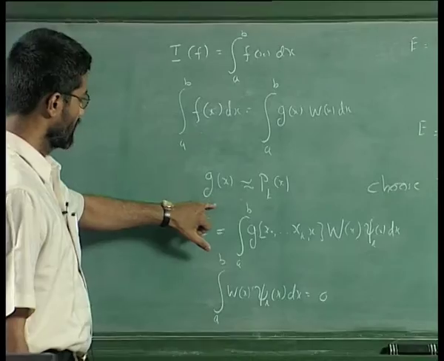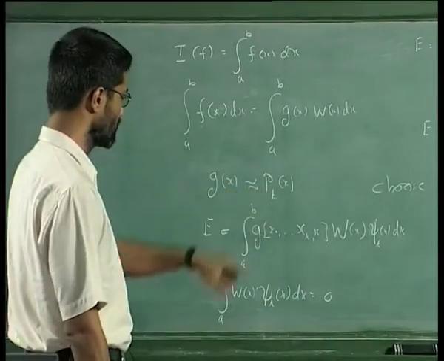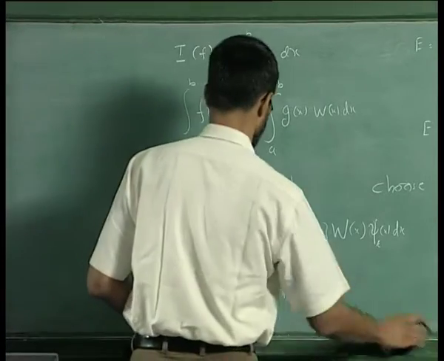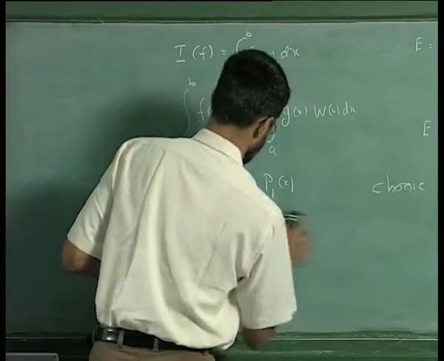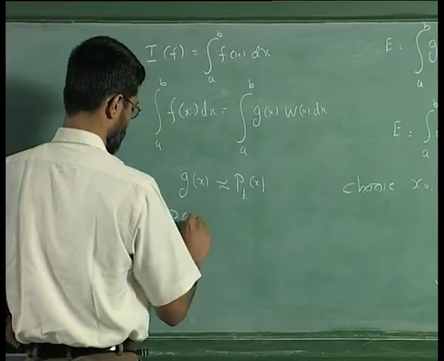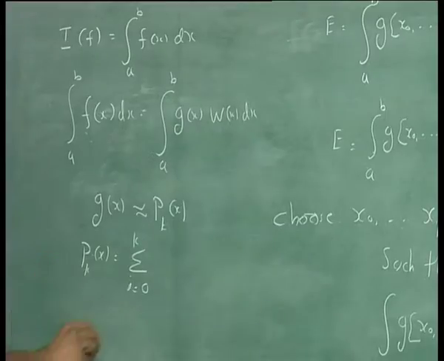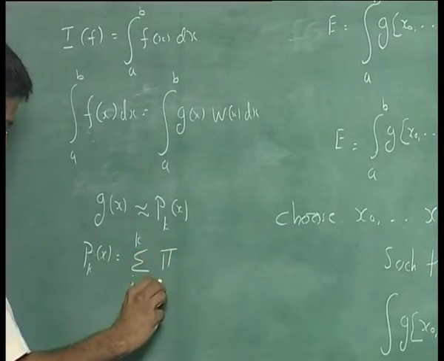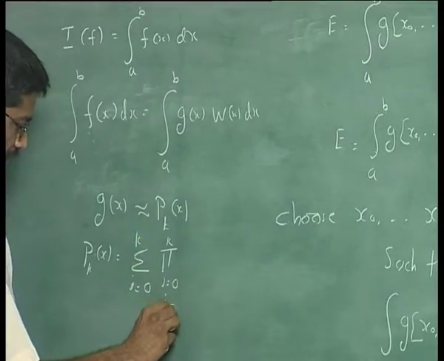So, we will write pk of x in the Lagrange form. We are having this approximation g of x by pk of x, and the pk of x we are going to write not in the Newton form, but instead in the Lagrange form, that is sigma i going from 0 to k, and the product j going from 0 to k, j not equal to i.